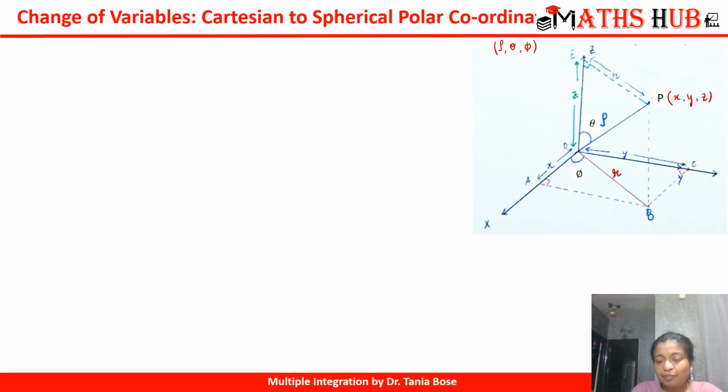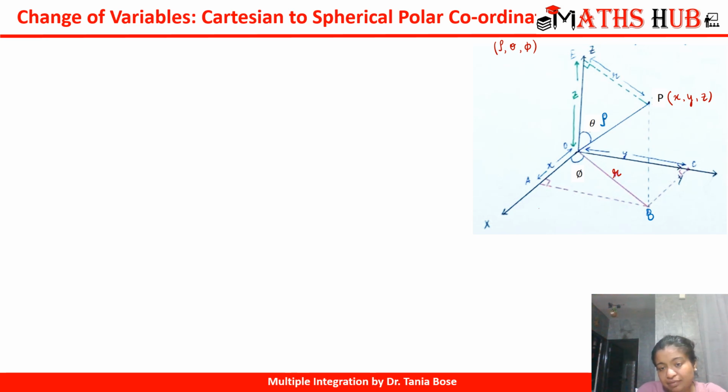Now let us drop a perpendicular from point B on the x-axis as well as y-axis. So you can see that O to A is x and O to C is y, right? So now in this right angle triangle, using simple trigonometry, we can see that r is the hypotenuse, x is the base, and y is the perpendicular.